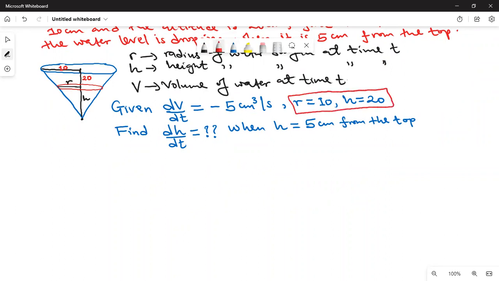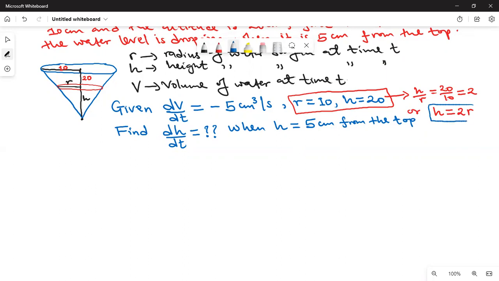So from here, it is clear that h divided by r is 20 over 10, which is the same as 2. Or h is equal to twice the radius. H is twice the radius.